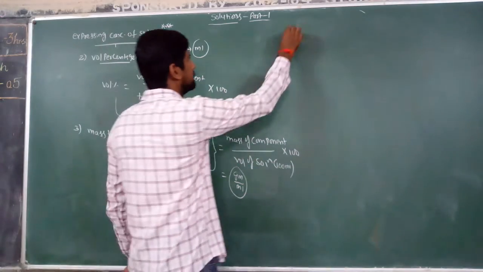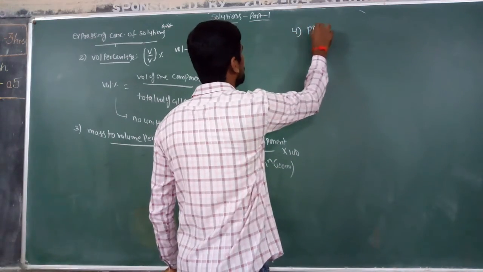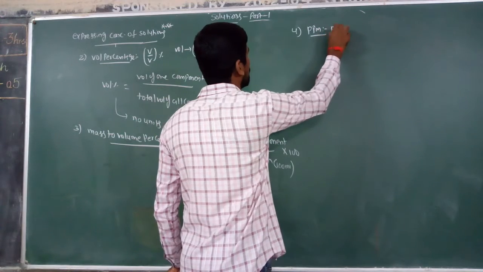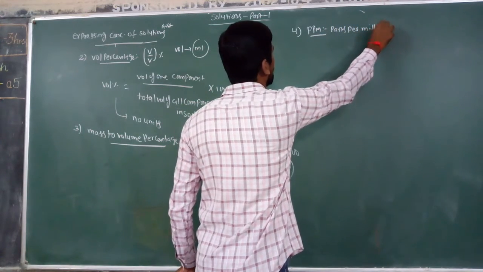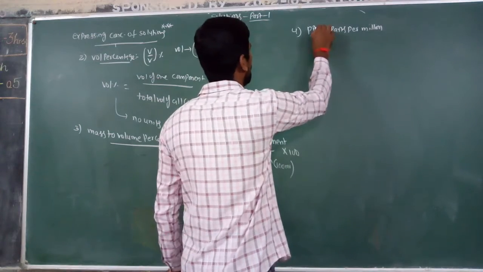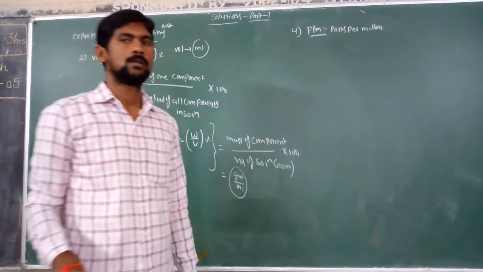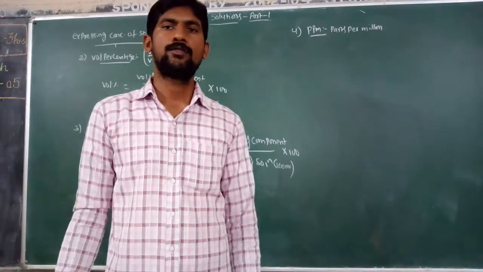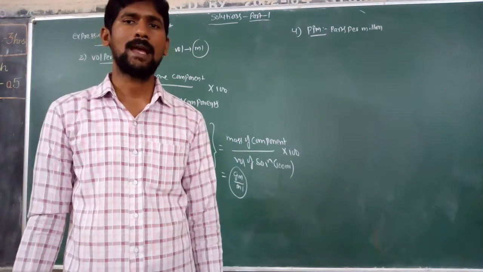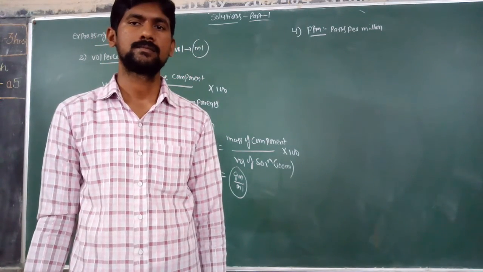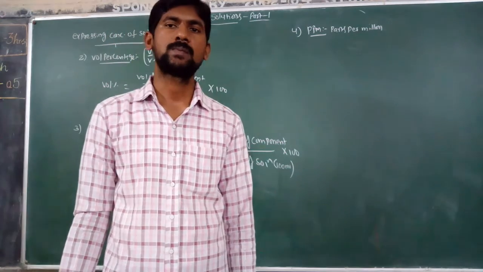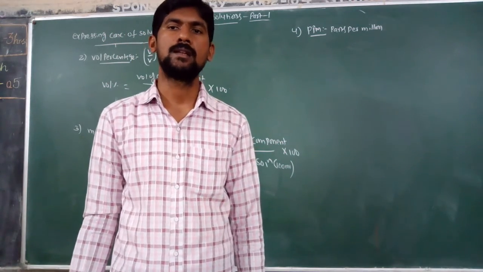And the fourth one, ppm, parts per million. Now, when do we have to express the concentration in parts per million?